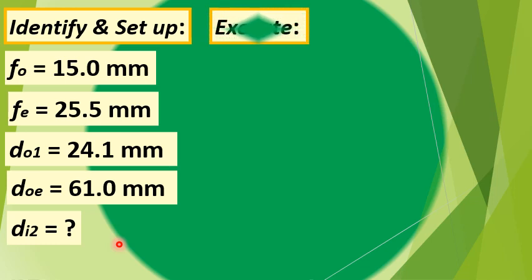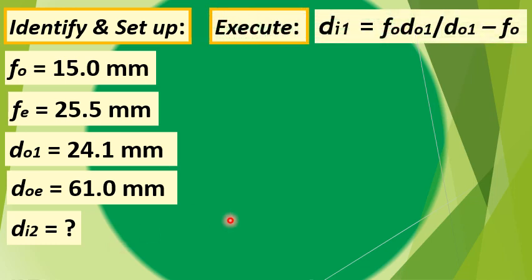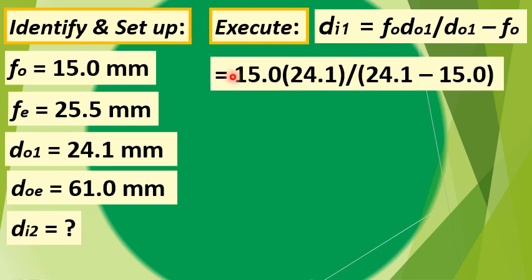So we first calculate for the first image, or d sub I1, using the derived thin lens equation, that is d sub I1 equals the product of the focal length of the objective and the object distance number 1 to be divided by d sub O1 minus f sub O. Substituting, we get 15.0 millimeters times 24.1 millimeters, and their product will be divided by 24.1 millimeters minus 15.0 millimeters.